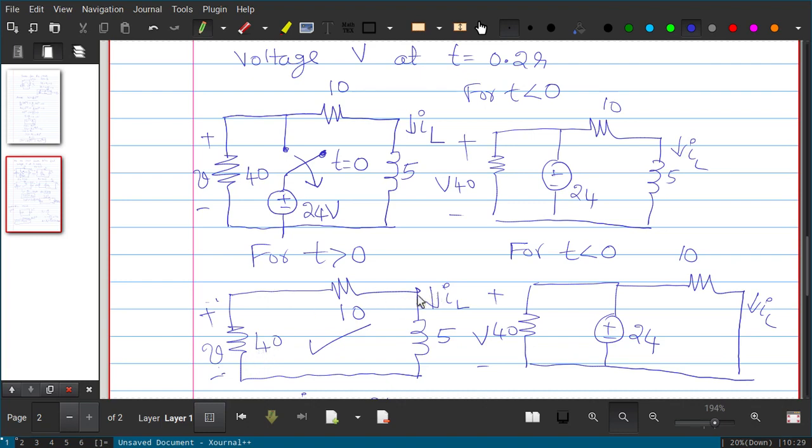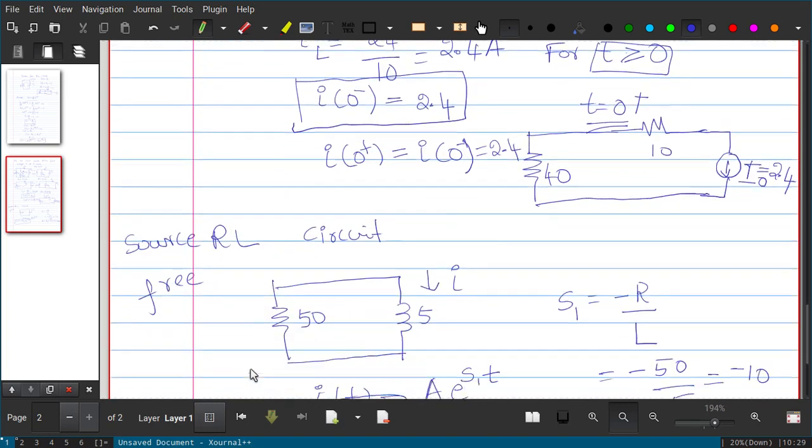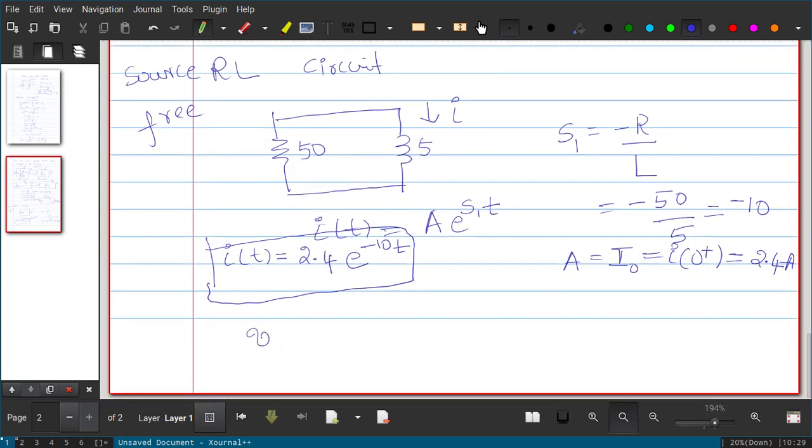Whatever current flows through the 40 ohm, times 40, is the voltage. So V of t is nothing but 40 into I of t, that is 40 into 2.4 into e power minus 10 t.